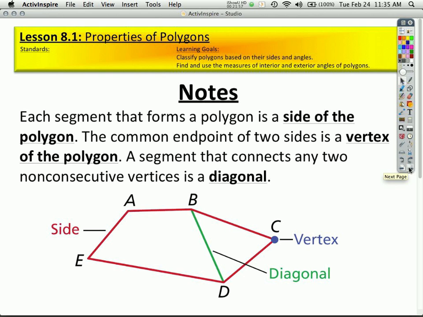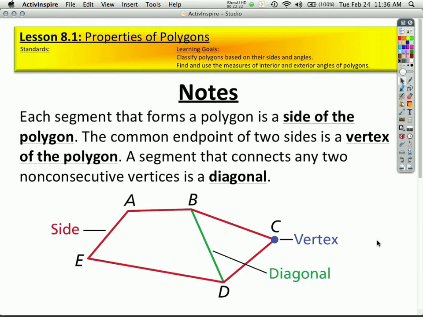So, let's start with polygon. I've got one drawn out here. So here are the different parts. You've got vertices, and you connect them, you form the sides. The endpoints of the segments are called vertex or vertices.